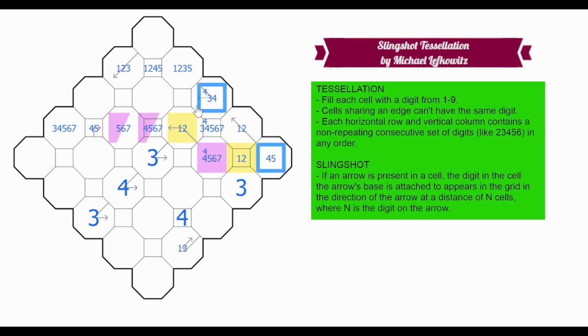Because these are both 4s. Like if those are 4s, then these two become 5s. Seems fine. This cell going over here, again, it's never going to be the same as that anyway, just from the row.